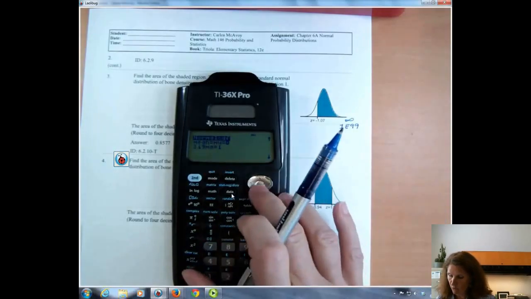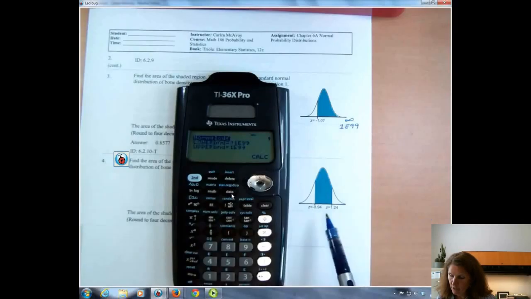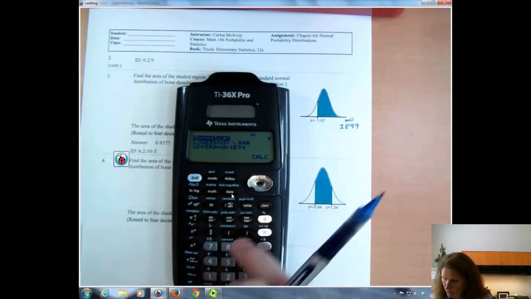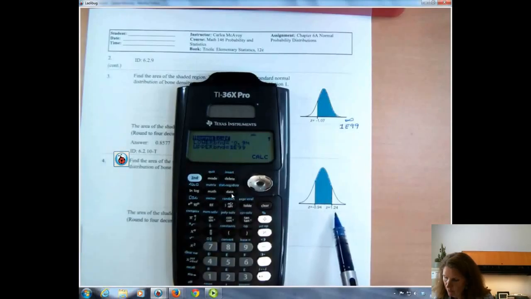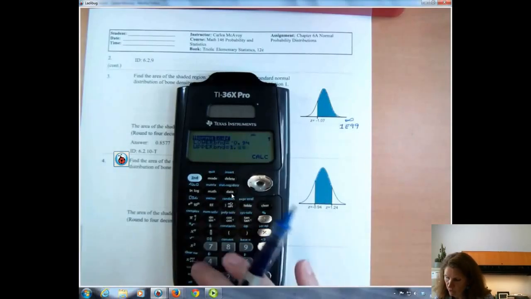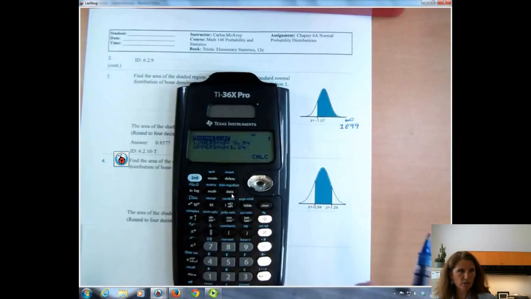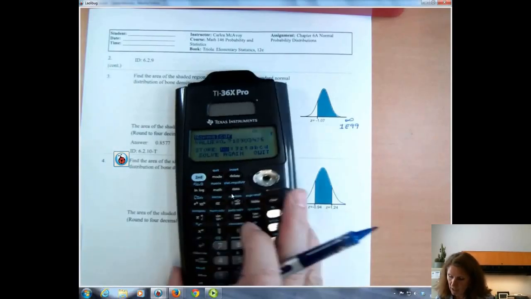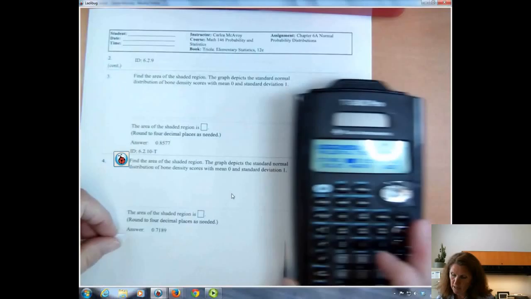I've got a 0 and a 1 there, and on the lower bound, I have negative 0.94, and on the upper bound, I have positive 1.24. Those are just the two numbers that are given there. I give the range of what I'm looking for, and I want to know how much is the shaded area in there. And it's pretty easy because it just gives me that answer, 0.7189.